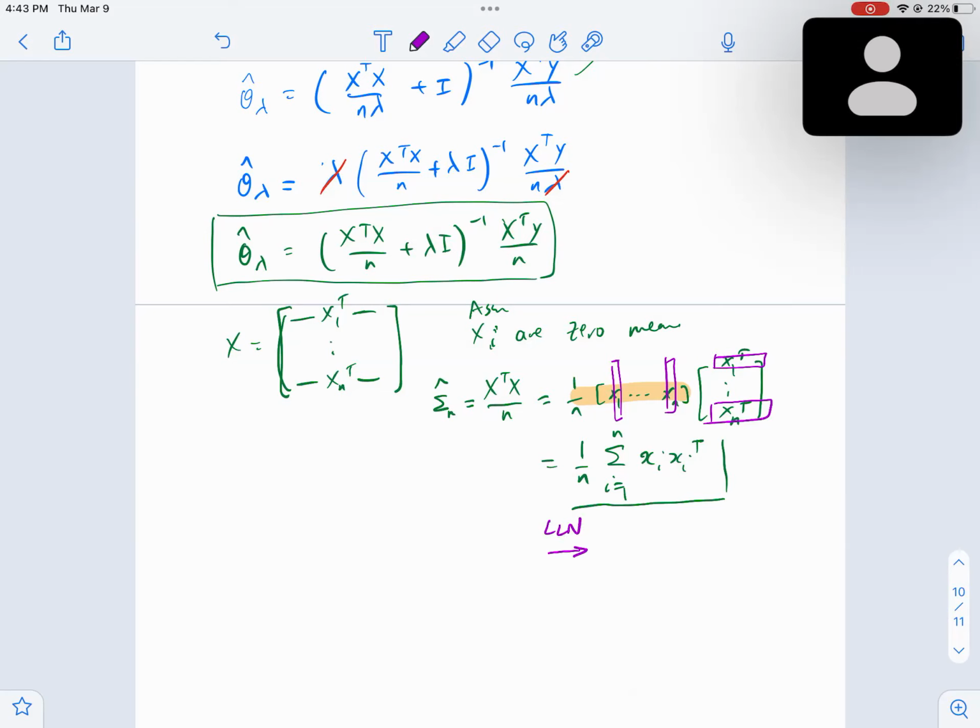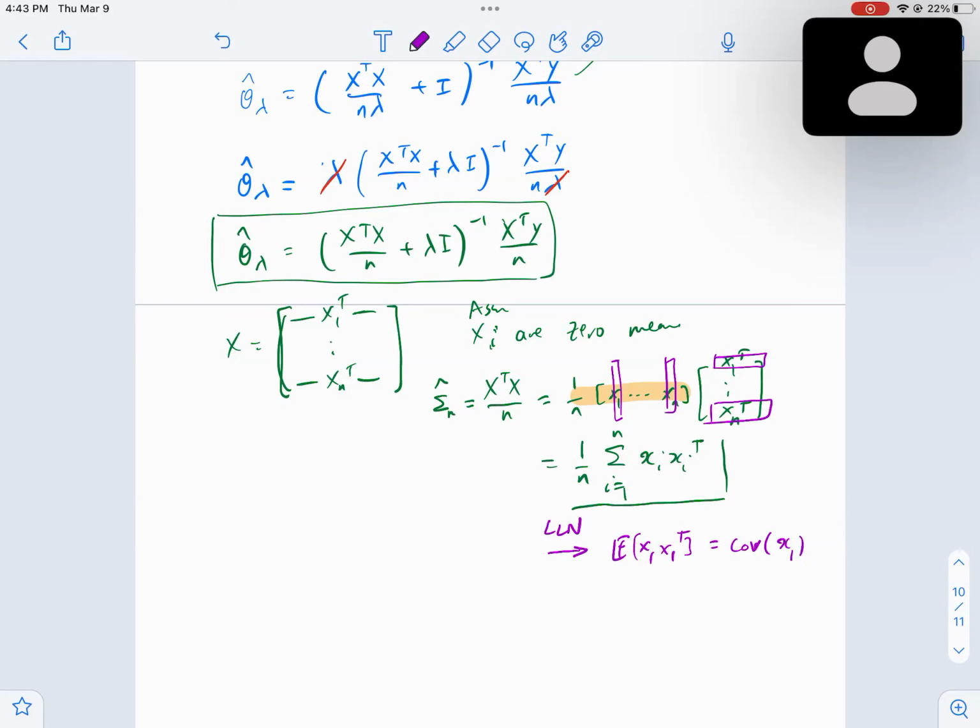What does it converge to? It converges to the expectation of one of them, and this is really the covariance matrix of the distribution.